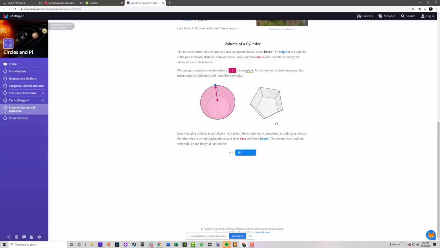Let's change it to 5 sides, and 6 sides, and 7 sides, 8 sides, 9 sides. What's happening as I add more and more sides to this thing?